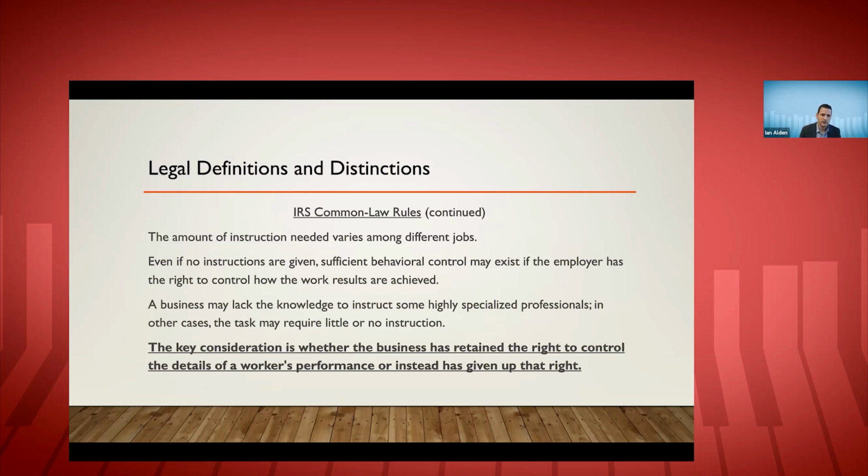If you have the right to control how the results are achieved, even if you don't exercise that right, if it's baked into the contract, that creates a presumption of employment. So you really have to be hands off to a large extent. If you've retained the right to control the details of workers' performance, or if you've given up that right, that weighs heavily.